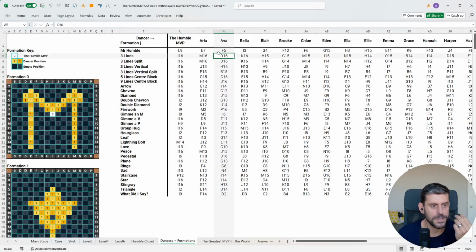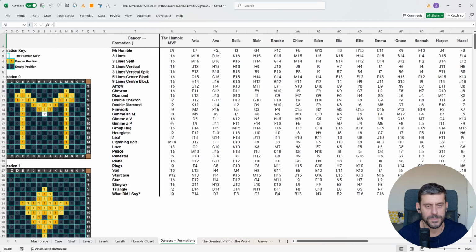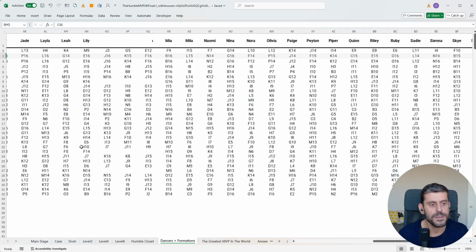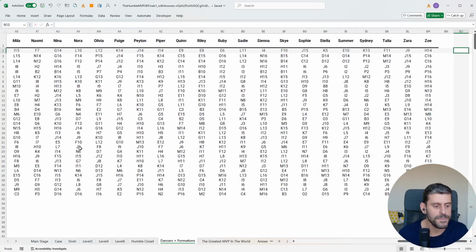And because the ones are 44, let me just do a double check. COUNTIFS 144, okay. And yeah, so I can do the exact same thing here.